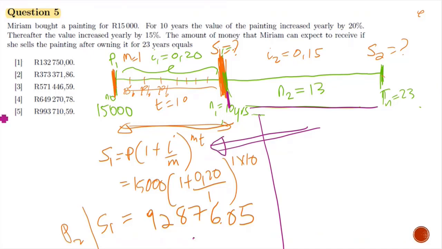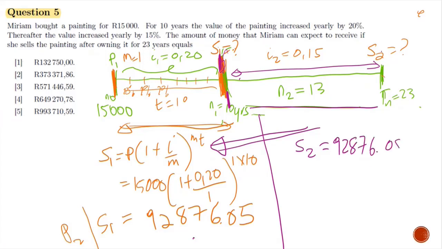Now we are looking for our S2. What is the present value for this period? It will be the final value of the previous period, which is 92,876.05.